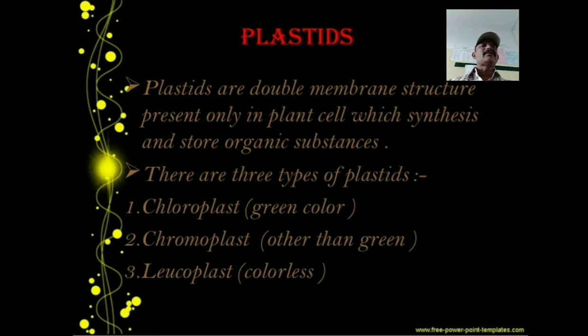There are three types of plastids: chloroplast, which is green in color; chromoplast, other than green in color; and leucoplast, which is colorless. These are the three important plastids present in the plant cell.